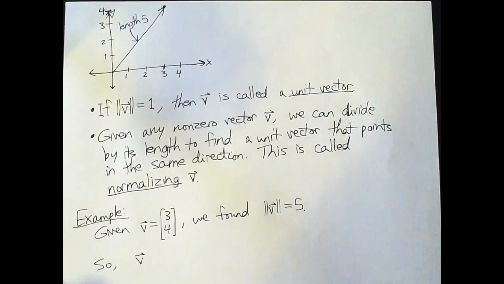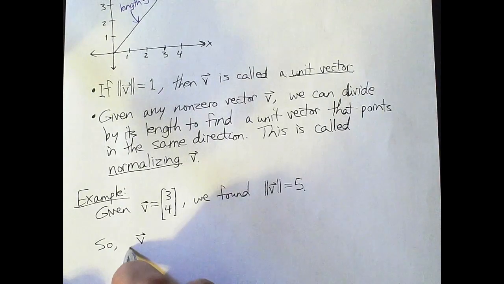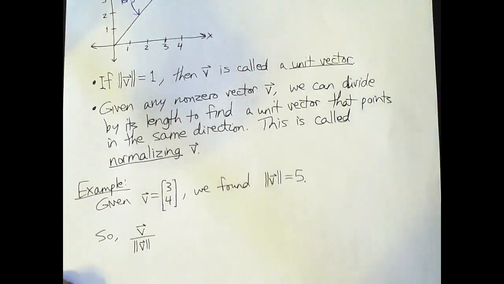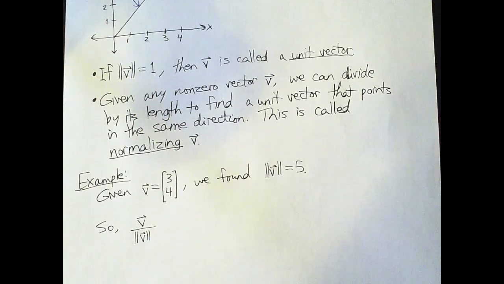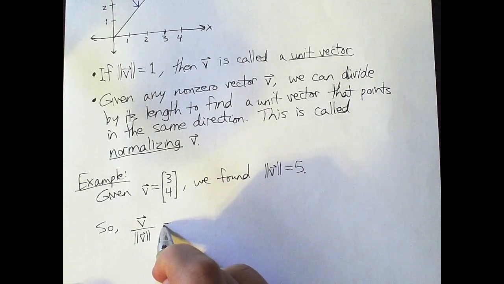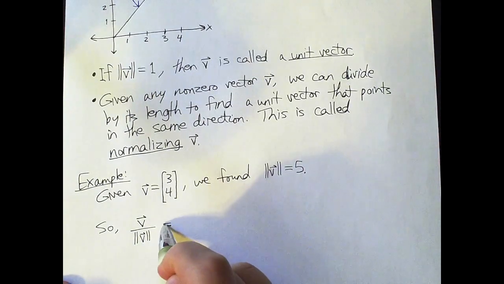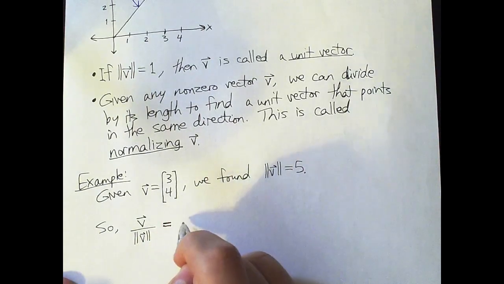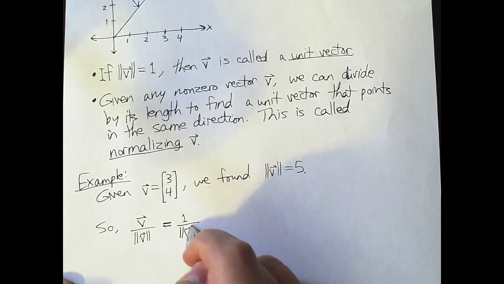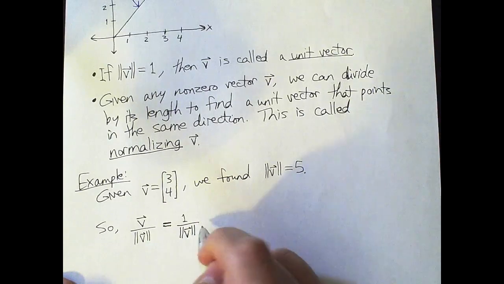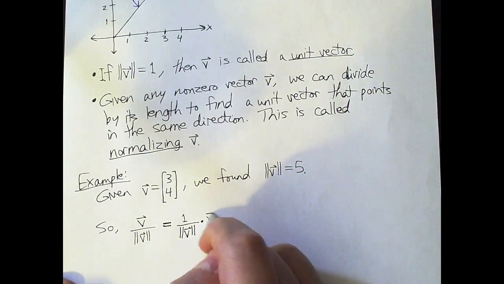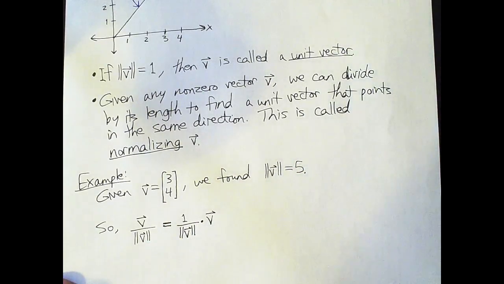What I wrote above suggested that we take a vector and divide it by its length. That might look a little weird because we're not used to dividing a vector by a number. So how do we divide a vector by a number? It's really quite simple. We just multiply by the reciprocal. So to divide by the length of v, just multiply by 1 over the length of v.